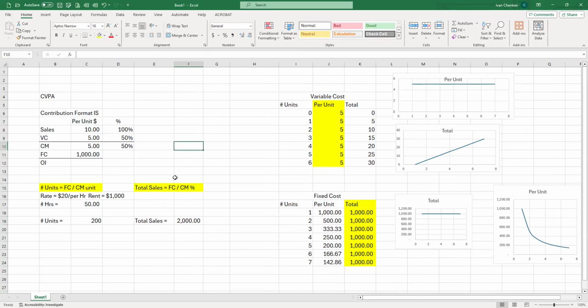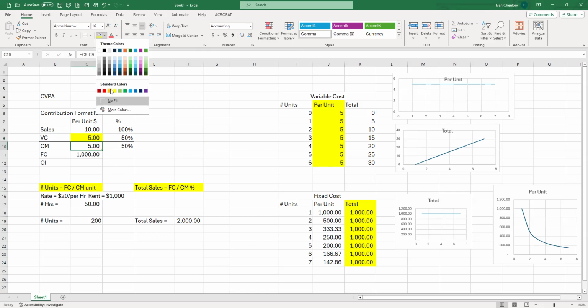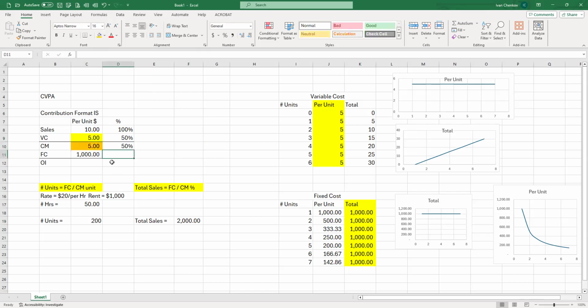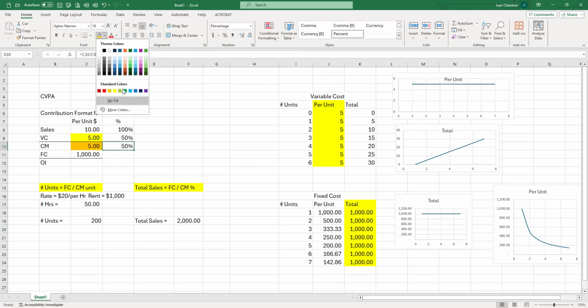But in order to get to those formulas, what do you need to find out? You need to find three things. You need variable cost per unit. Once you get the variable cost per unit, you can find the contribution margin per unit. The other thing that you need to know is the contribution margin ratio.